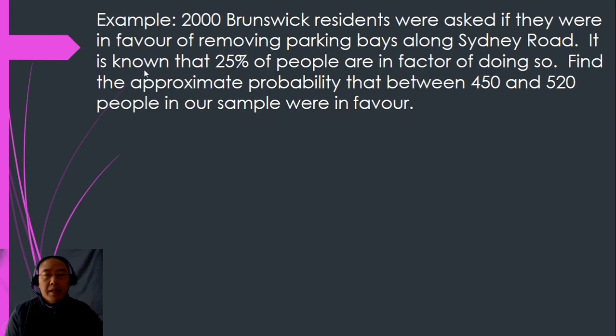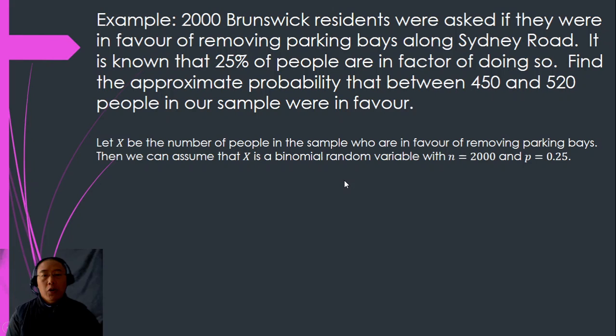With this example, you will have your binomial distribution, you have your n and p, and you need to determine the probability between that range. So first you determine your random variable, then you assume it to be a binomial random variable with the n and p values.